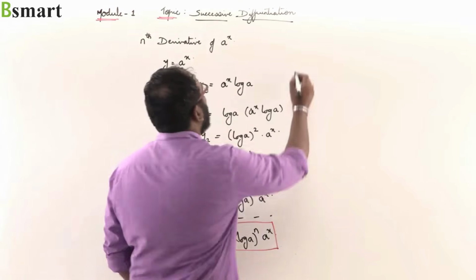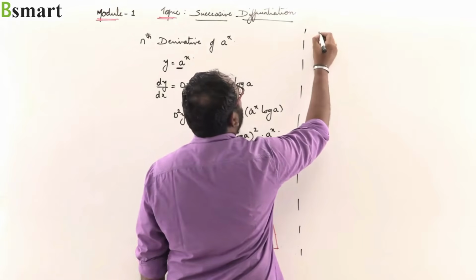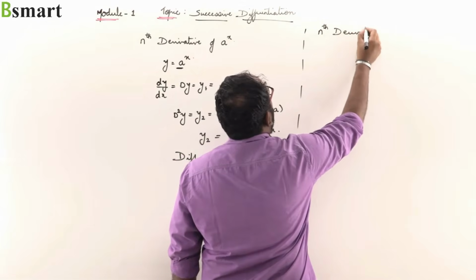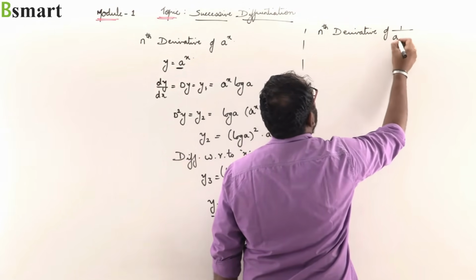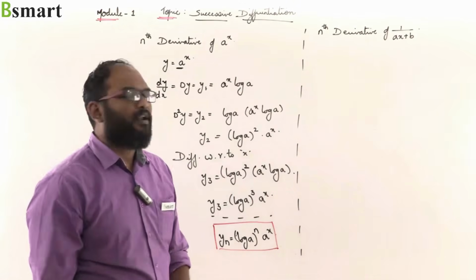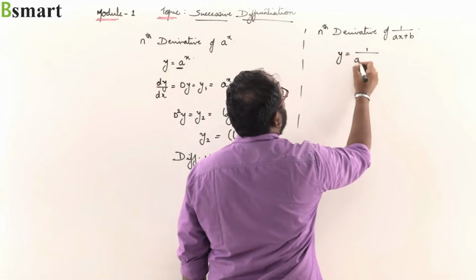Now again, let us find the nth derivative of 1 by ax plus b. Let us say y is equal to 1 by ax plus b.